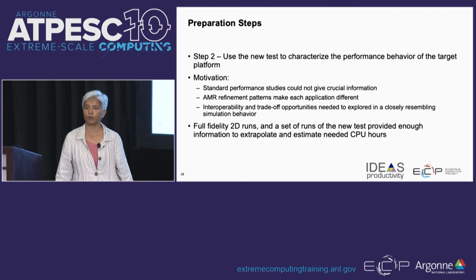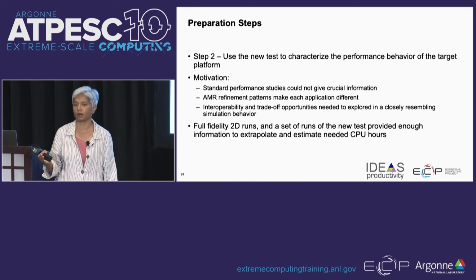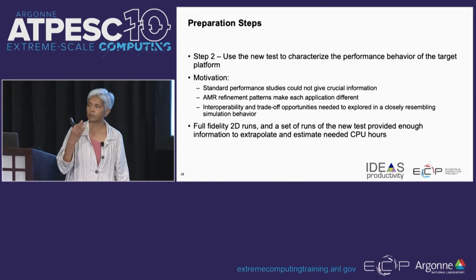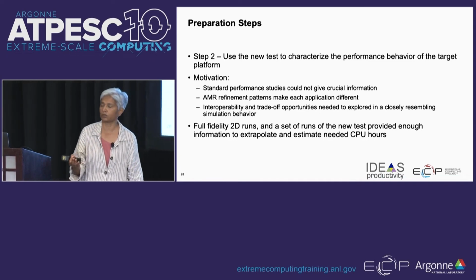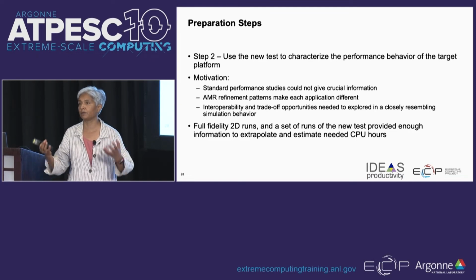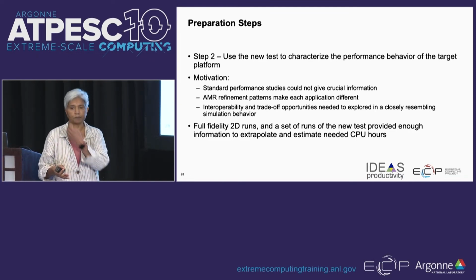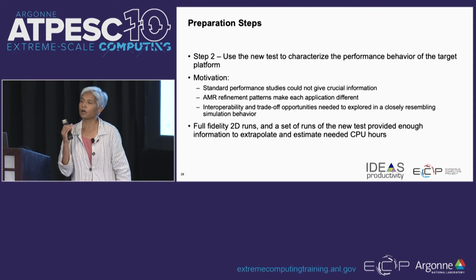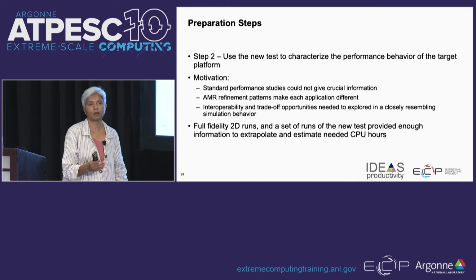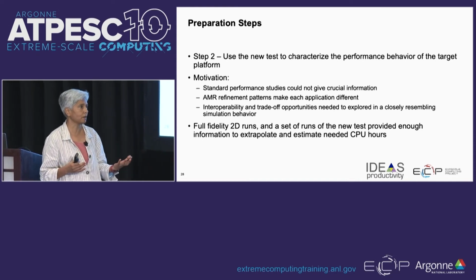The second step was that we used this new test to characterize the performance behavior on the target platform, because the standard performance studies could not give crucial information. We were exercising code in a different way and combining many more pieces of physics than we had done in the past. Also, the AMR pattern, when you are working with AMR, ends up being completely different for each instance of the application that you are running.